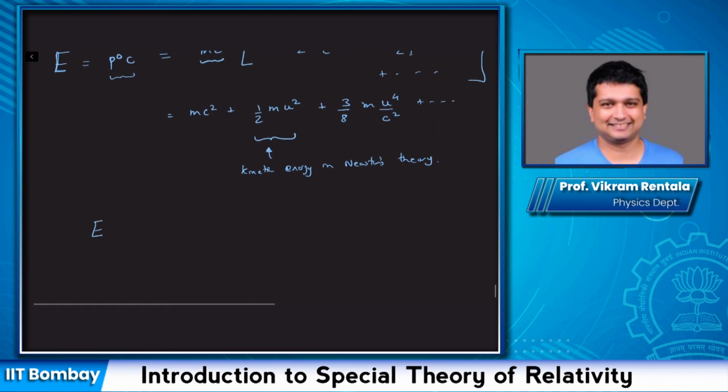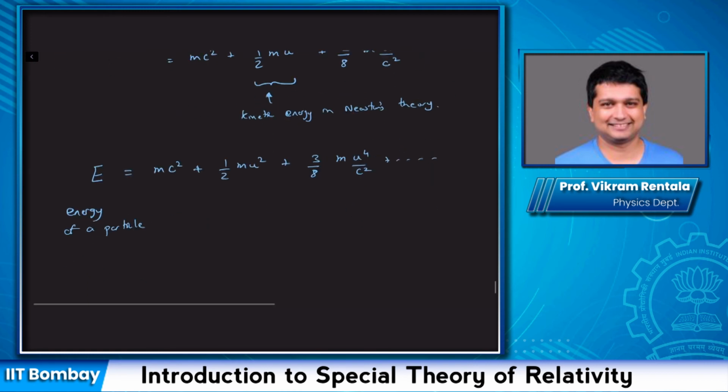So the energy of a particle in the absence of external forces is mc squared plus half m u squared plus 3 by 8 m u to the 4 by c squared plus so on. This is the energy of a particle in the absence of external forces.